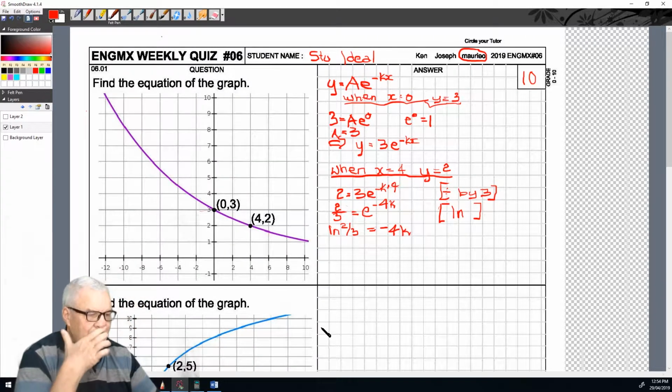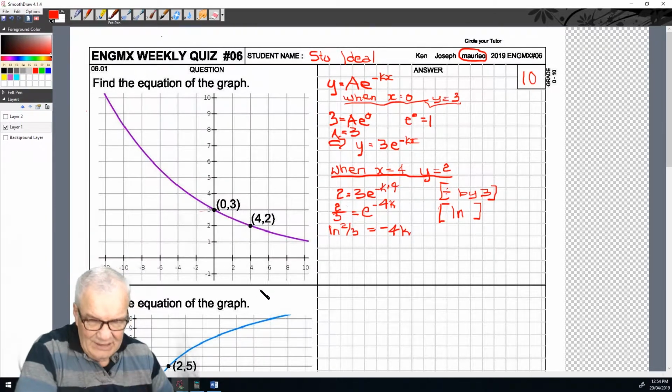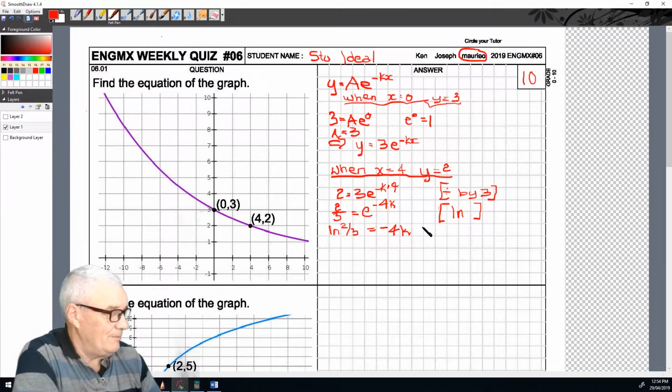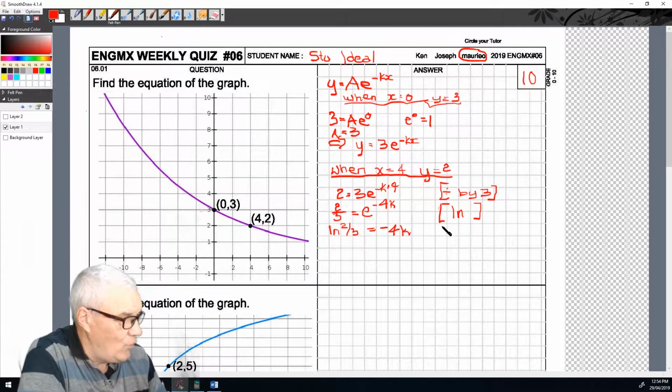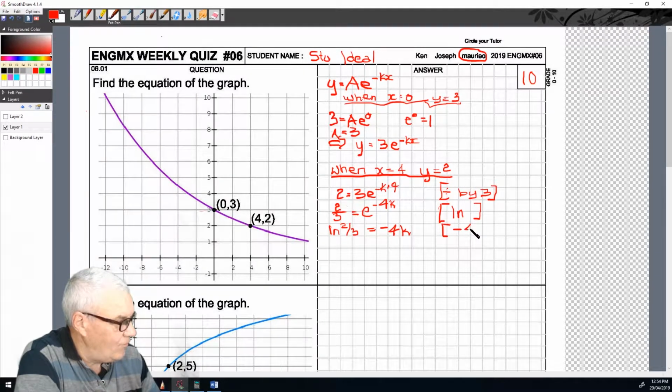Okay, because if we take the log of the e, we just get the exponent, and that will be indicated on your formula sheet there. So we just take the log of anything e, will come down to that. Now what I'm going to do is divide through by negative 4, and that will give me k.